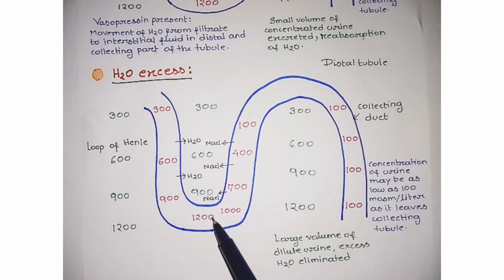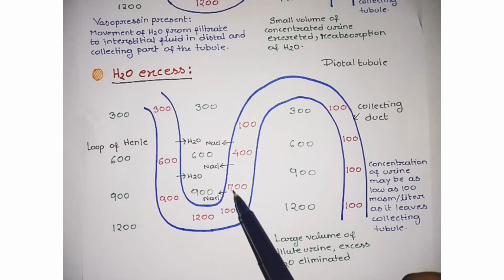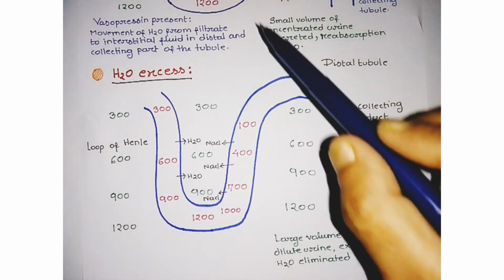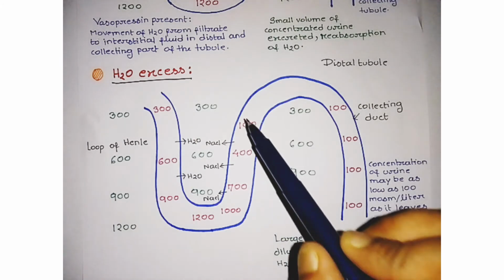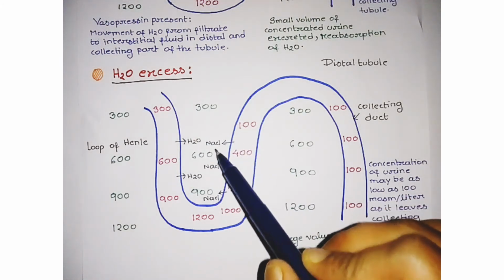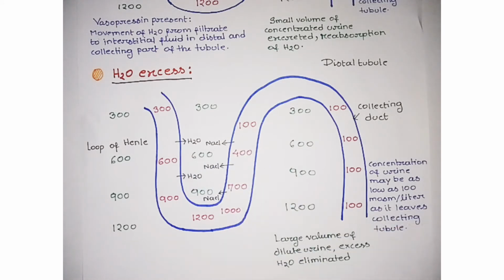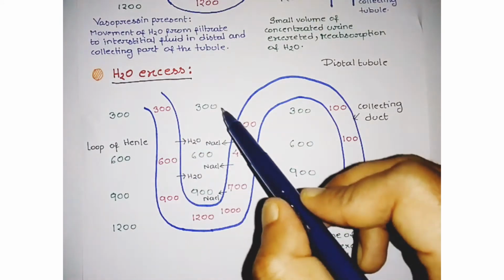This fluid enters into the ascending part of the loop of Henle. The ascending part of the loop of Henle is impermeable to H2O, as we discussed earlier, but NaCl is pumped out with the help of ATP into the interstitial fluid.